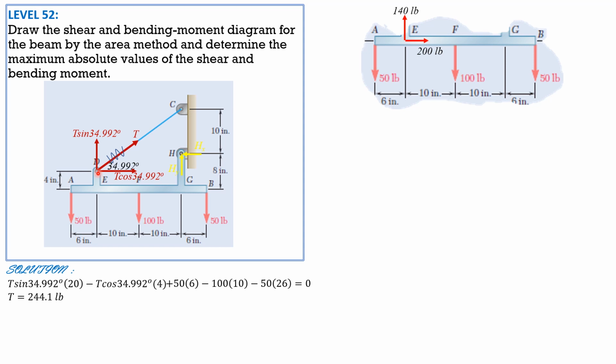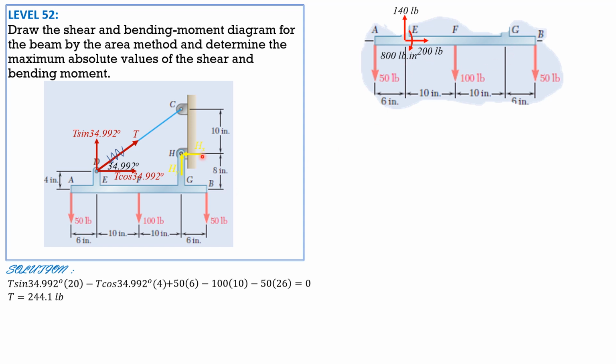Since it acts at D, we transmit it to E. So these are the components of the force of tension. Then also this 200 pounds will have a clockwise moment about E, which is 200 times 4, so 800 pound-inch.